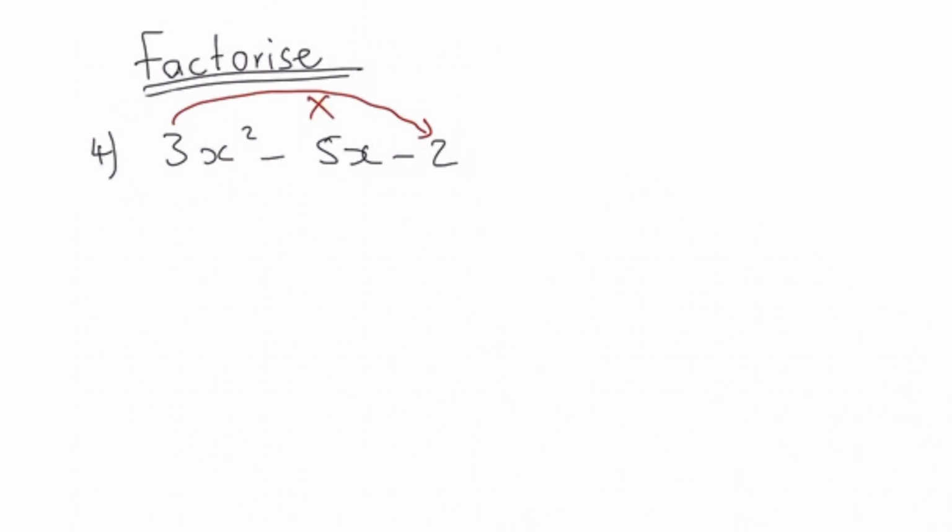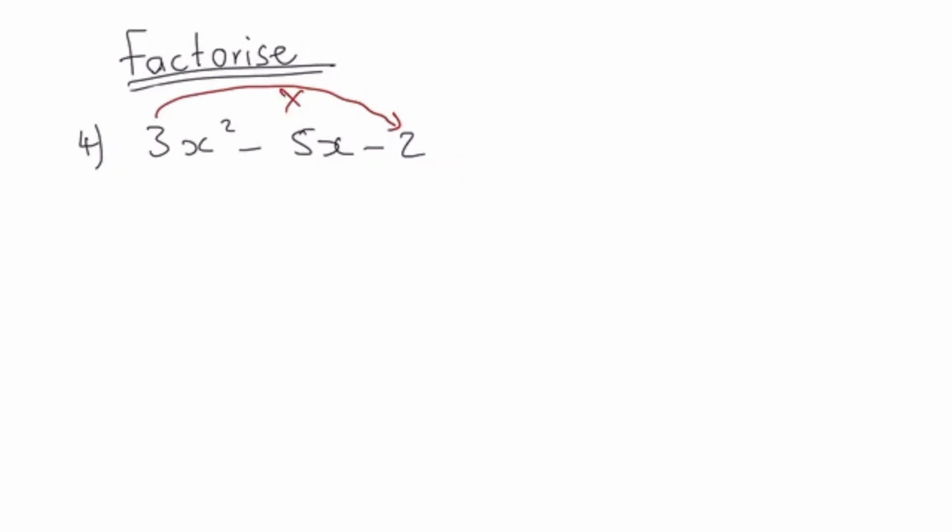You take a, the first coefficient, and multiply it with c. You multiply 3 with 2, you get 6. Then you start looking for the factors of 6 that, when you subtract them, you get 5.